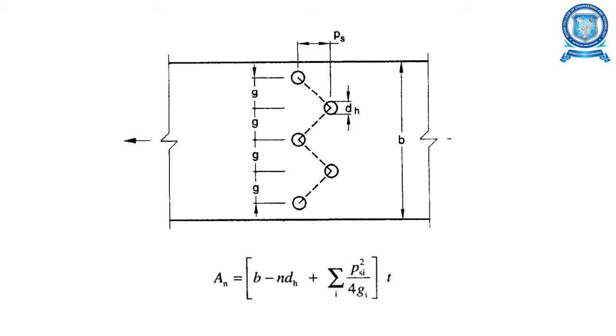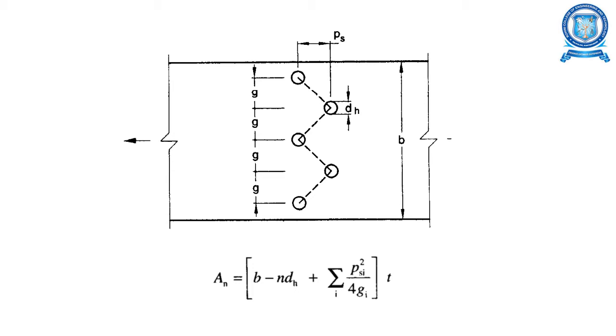In some of the cases, the bolts are arranged in a staggered manner. The net area An is calculated by b minus n dh plus summation of i of Psi square divided by 4 gi into t.